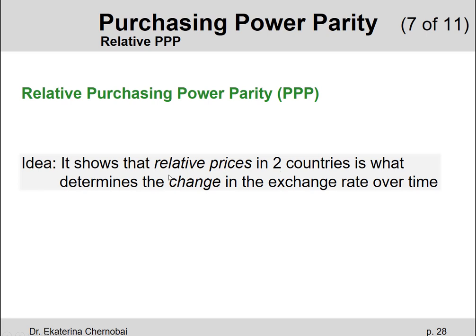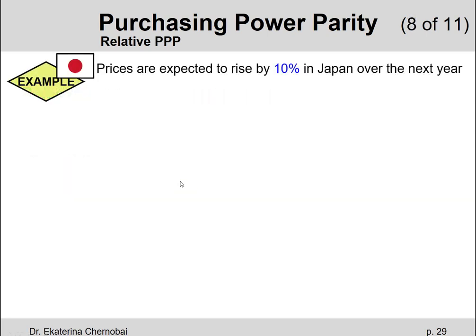Let me explain this topic using the following example. Let's say we have Japan, and the prices for everything you typically buy in Japan, the overall price level, are expected to increase by 10% over the next 1 year.